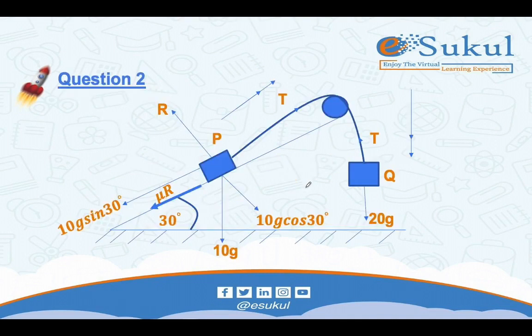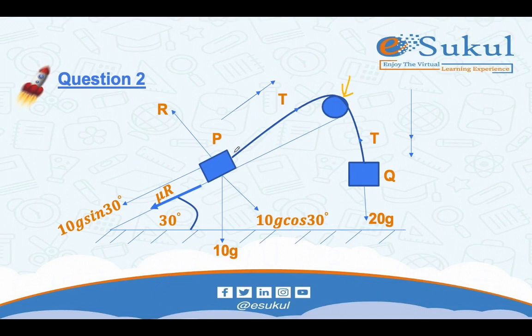In question 2, we have Newton's second law, where we have two particles P and Q. P is on an inclined plane, and Q hangs vertically with an elastic string passing over a pulley, where our pulley is smooth.